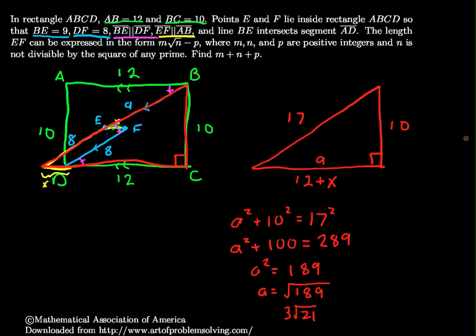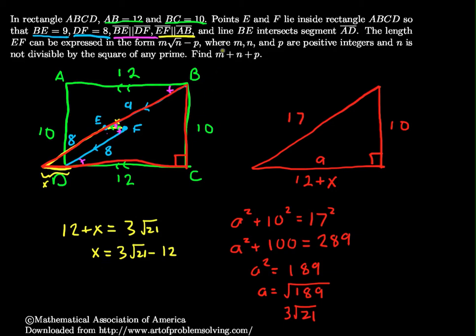And remember, that's a. So if we go back and we're trying to find x, we know that 12 plus x is equal to 3 root 21. So x is equal to 3 root 21 minus 12.